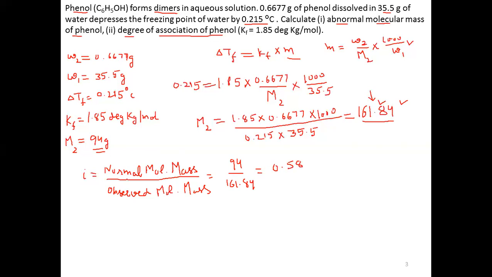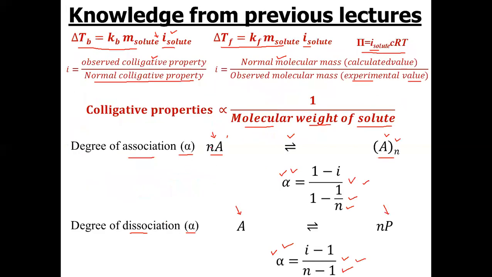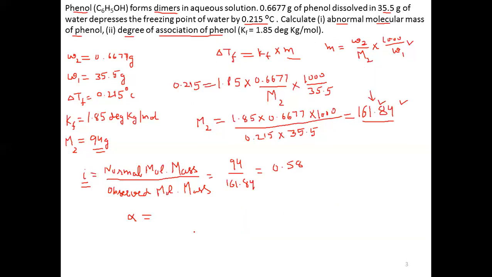This is the value of iota, Van't Hoff factor, but we have to calculate degree of association, which is alpha. As I said, for a general case, when n number of molecules associate, the value of alpha is 1 minus iota divided by 1 minus 1 by n.